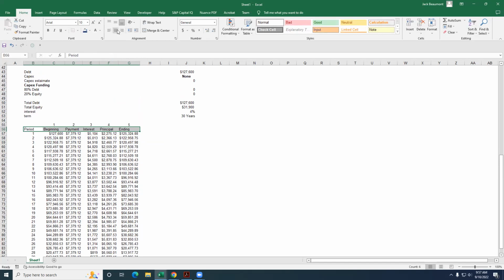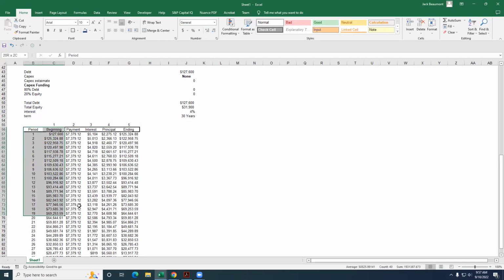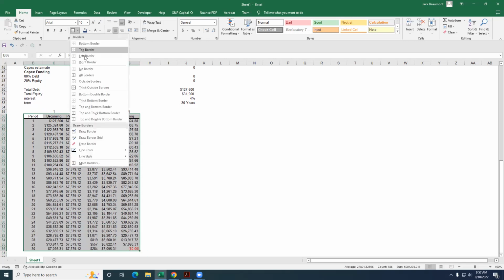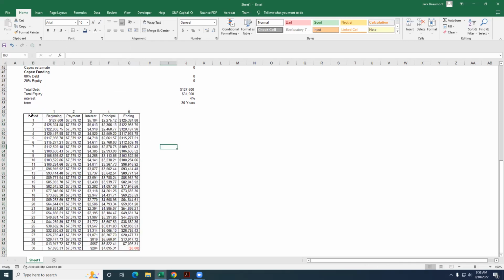Okay, and let's center those. And let's give this a border. And then let's give the whole thing all borders. Oops. Oh well. And then let's do a thick border on the outside and around there.